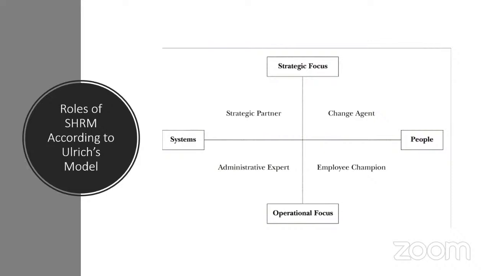They have those that create alignment between operational focus and people. That's employee champion. And they have those that create alignment between operational focus and the system. That's administrative expert. So as a strategic human resource person, you could be a strategic partner, a change agent, an administrative expert, or an employee champion.